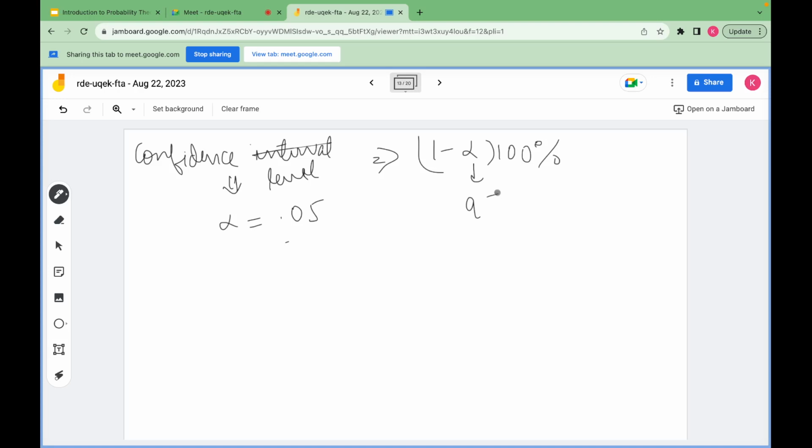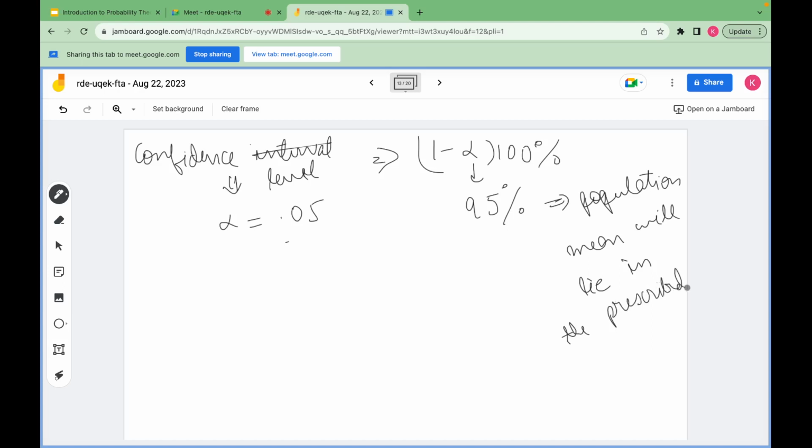Then we can say with 95% probability the population mean will lie in the defined range.